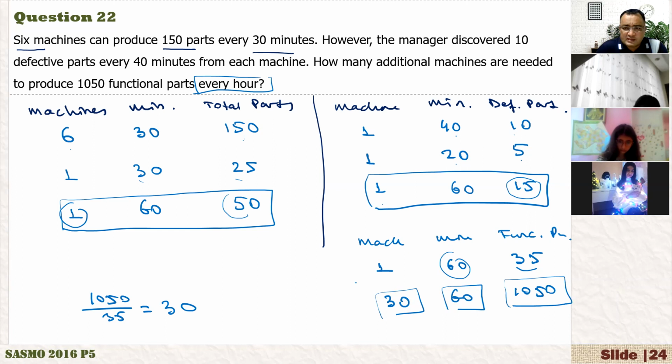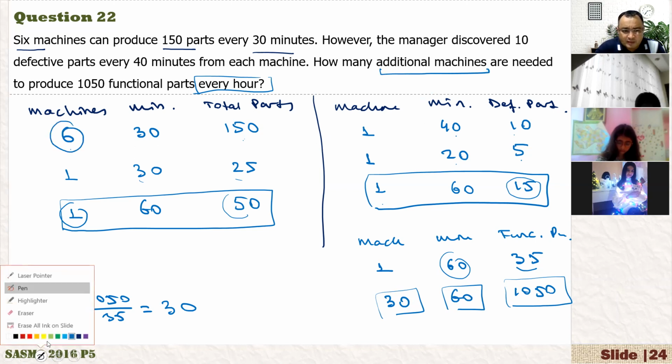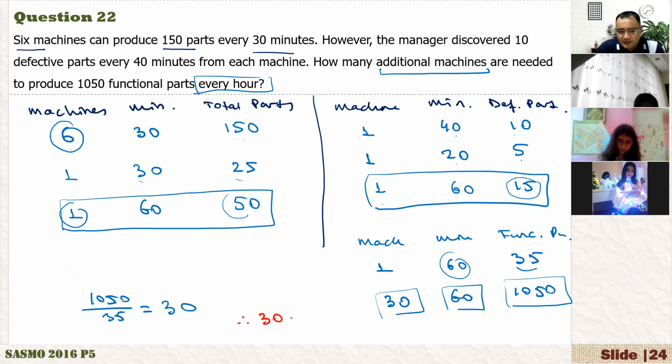But in the question, that's the tricky part. It says how many additional machines. Initially, at the beginning, we had 6 machines. So to find the number of additional machines, we need 30 minus 6. So the answer is 24. So we need 24 additional machines to produce 1050 spare parts in 1 hour.